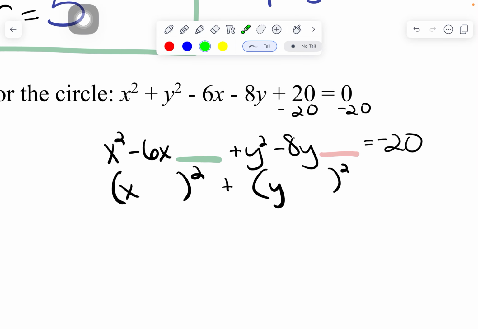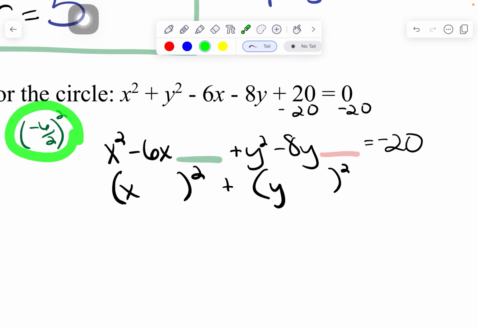So what ends up happening is you're going to take this middle x term, so this coefficient here of negative 6, you are going to chop it in half and you're going to square it. That's the number that completes the square for here. So that's going to be, let's see, negative 6 chopped in half is negative 3. Negative 3 squared is positive 9.